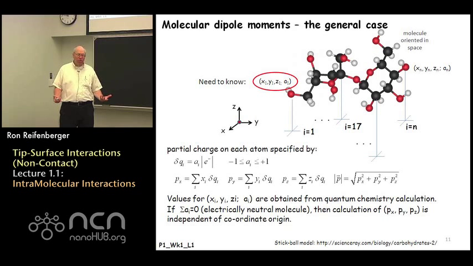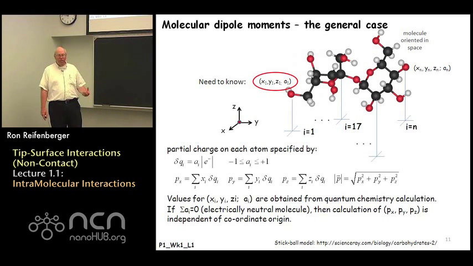So A is a number that ranges between -1 and +1. And this quantity A is often the result of some quantum mechanical molecular structure calculation. So you can find tables of the coordinates and tables of A's for different molecules on the web.